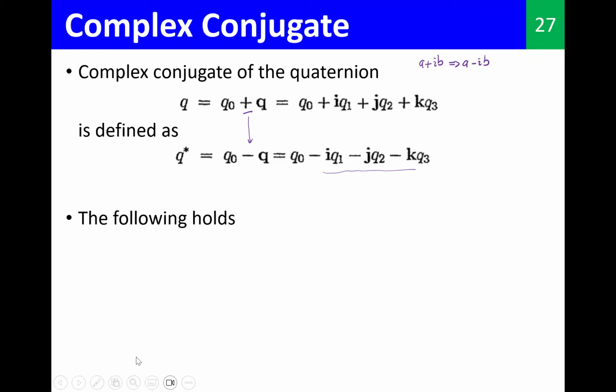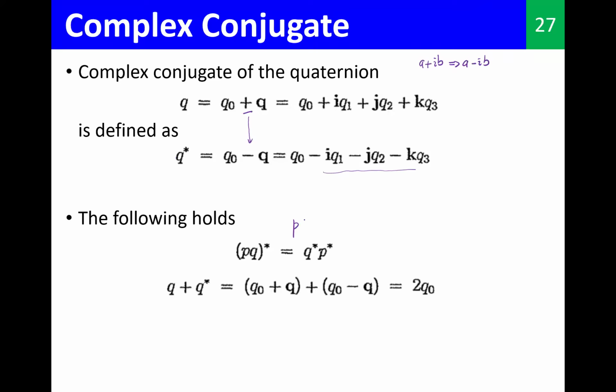And this is a property. So if you take the complex conjugate of a product of quaternions, this particular property holds. So it's similar to maybe the transpose of matrices. Remember, if you have AB transpose, this is equal to B transpose A transpose.